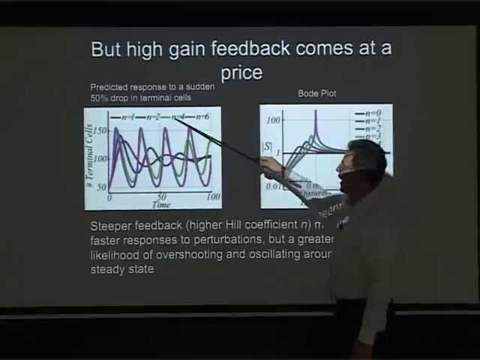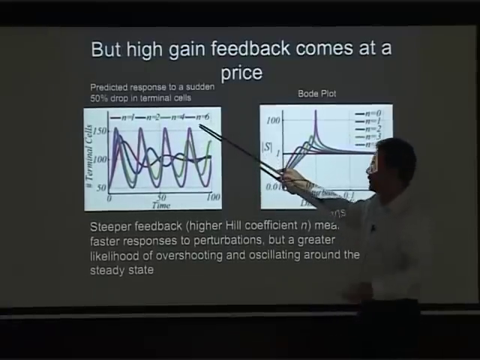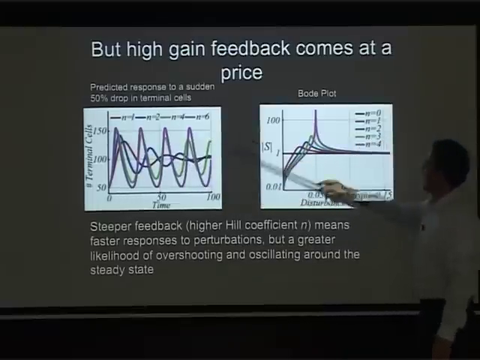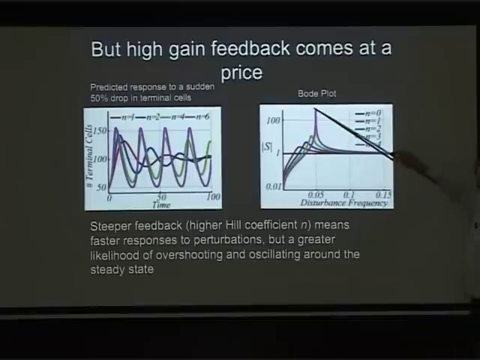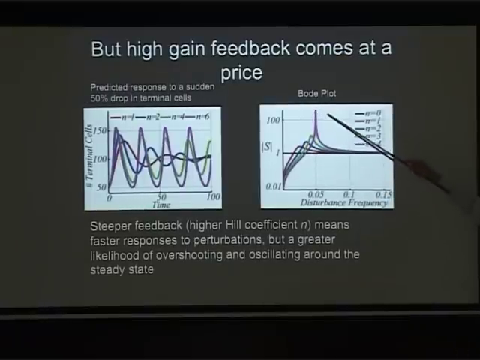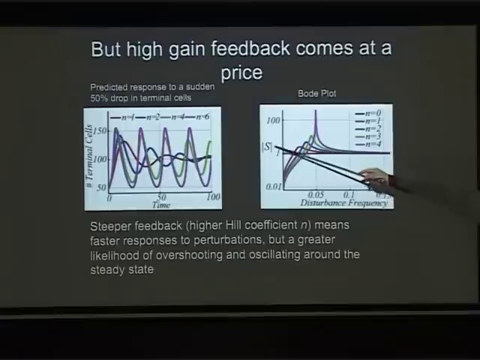If you make the gains higher, as you might have due to this mixed positive-negative feedback, you see the oscillations get worse. And in fact, once you hit about n equals 4, you get a point where you get sustained oscillations, and the system will never go back to a steady state, in theory. Right? This is a useful way of looking at disturbance frequencies versus the sensitivity. This is that sensitivity number I talked about yesterday.